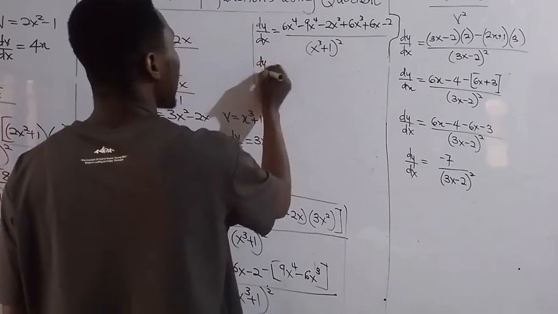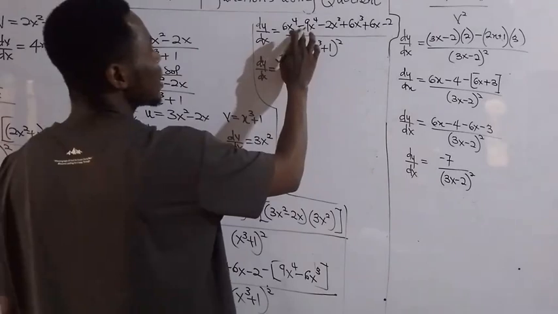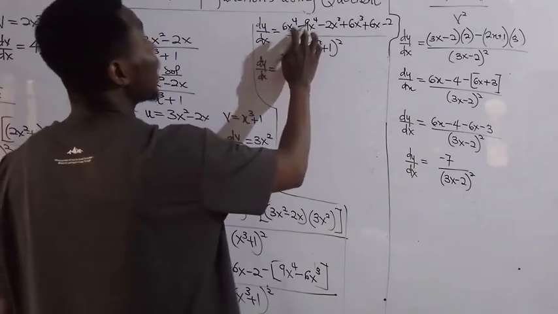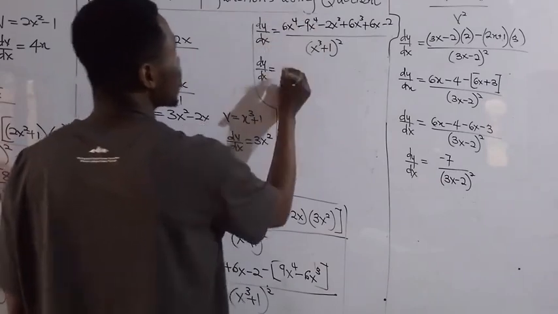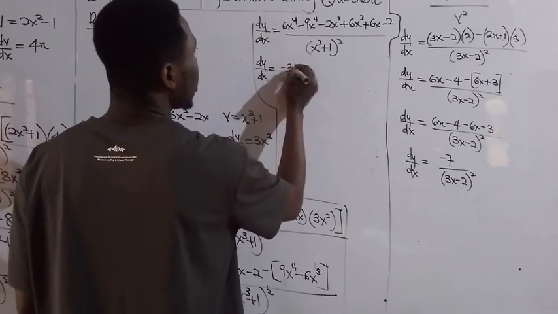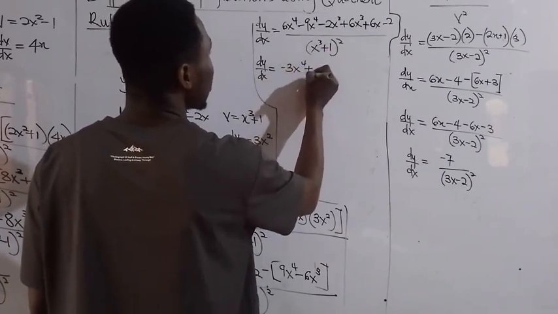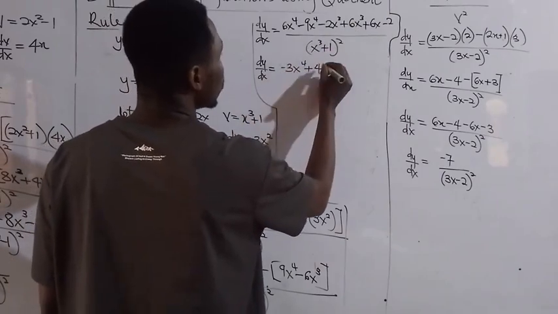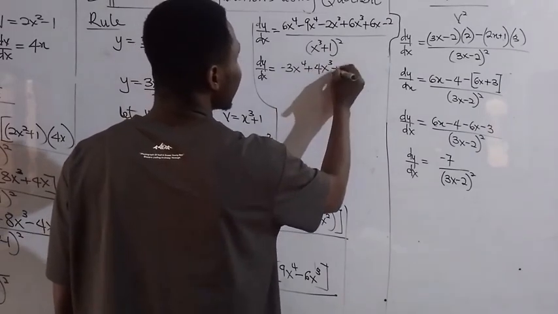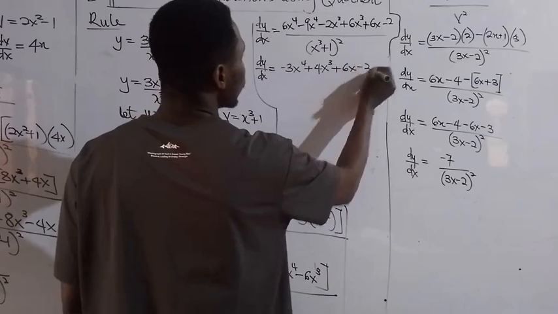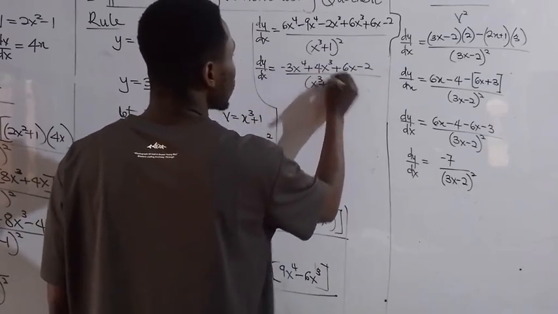So our dy over dx will be equal to, this will give us negative 3x to the 4th power. This will give us positive 4x to the 3rd power. This will give us plus 6x minus 2, all over x cubed plus 1 all squared.